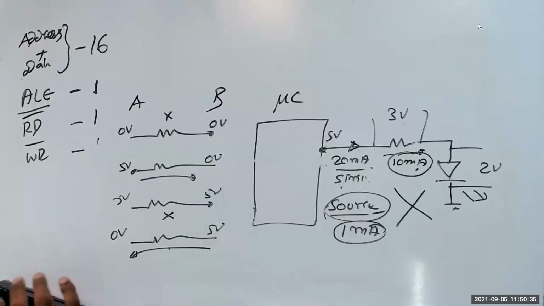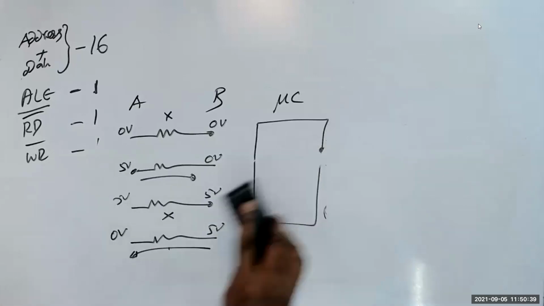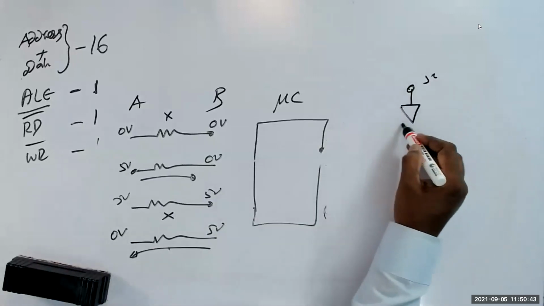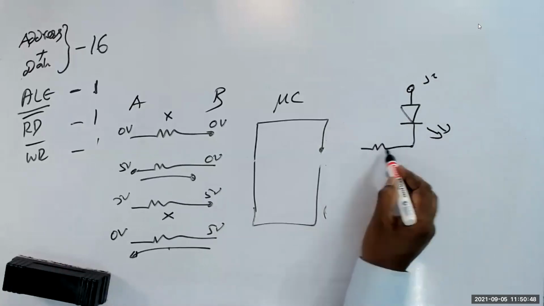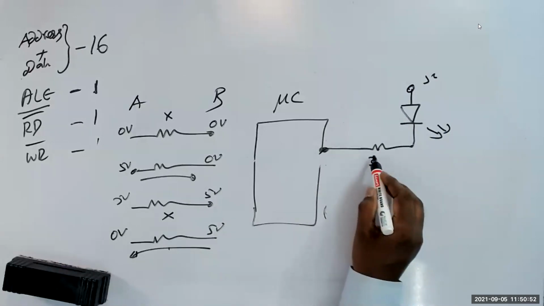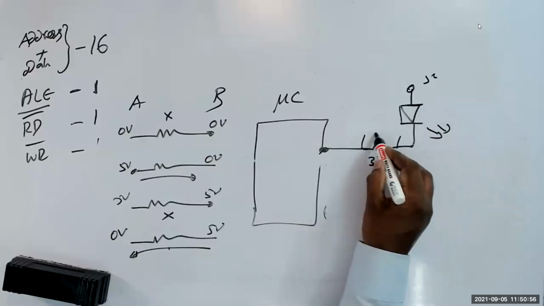So what I have to do here is I should connect the other way. I give 5 volt. I connect a LED. I connect a resistor. I connect here. Now this guy is, let us say, 330 ohm. And this is 3 volts.